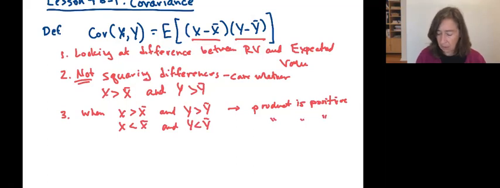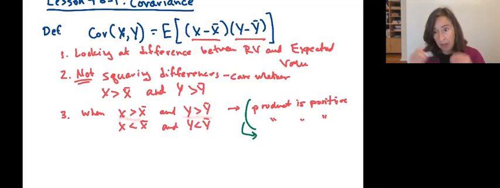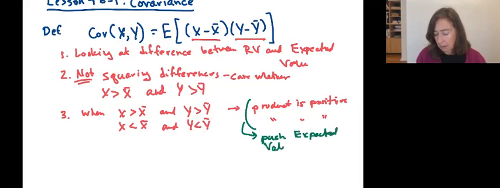And what this is doing is, the more probability that is assigned to these cases where X and Y are both high relative to their means or low relative to their means, if that's where most of the probability ends up, this is going to push the expected value toward a positive value, okay?